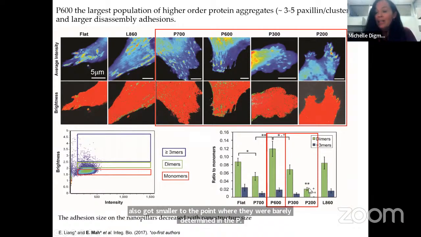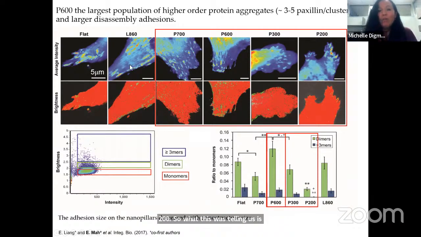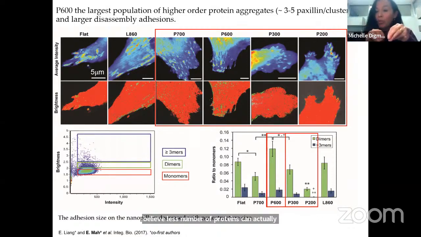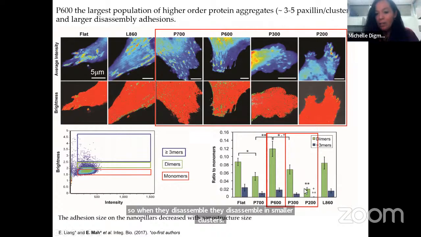So what this was telling us is that as these focal contacts, focal adhesions, are formed on these nanopattern surfaces, depending on the surface area, we believe fewer proteins can actually accumulate to form the focal contacts, and so they disassemble in smaller clusters. This was shown by the NMB analysis here.